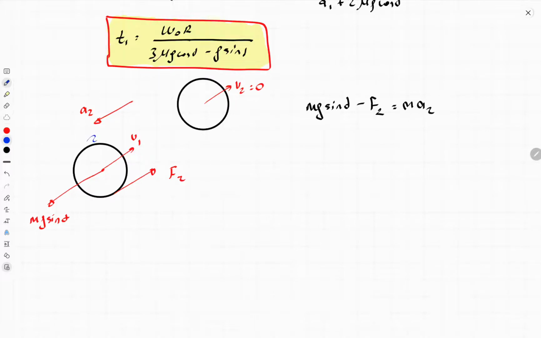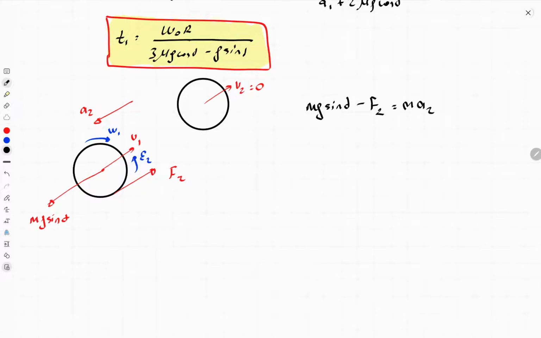Now we know that it was rotating at the beginning of this process with angular velocity omega 1, and we have an angular acceleration. Let's call it E2. It's different, likely.